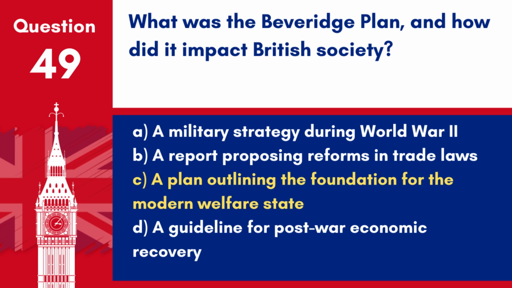Answer: C. A plan outlining the foundation for the modern welfare state. The Beveridge Plan, officially known as the Beveridge Report, was published in 1942 and proposed comprehensive reforms to address social welfare issues, leading to the establishment of the welfare state.